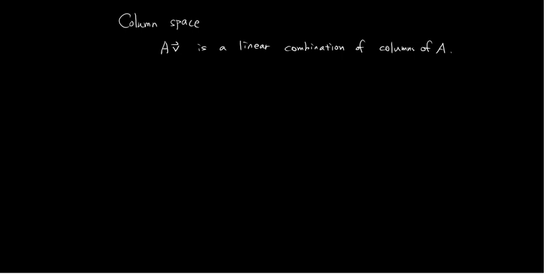So if you consider all the things that look like A times V, where V can be any possible vector, recall that V stores the coefficients.